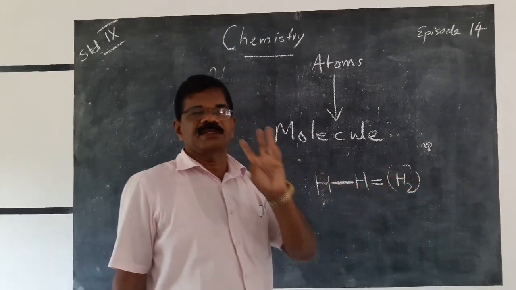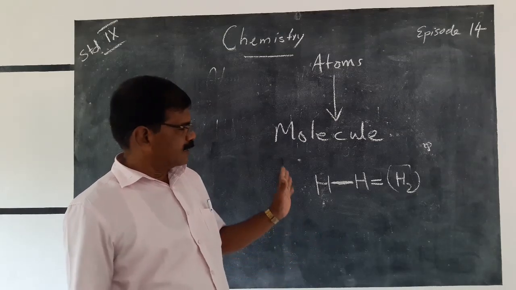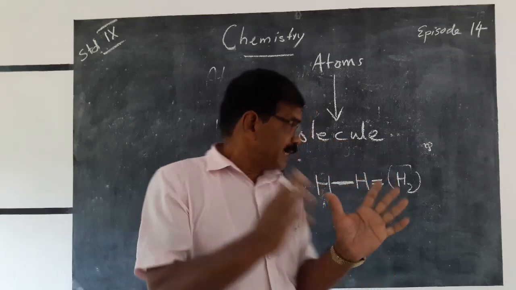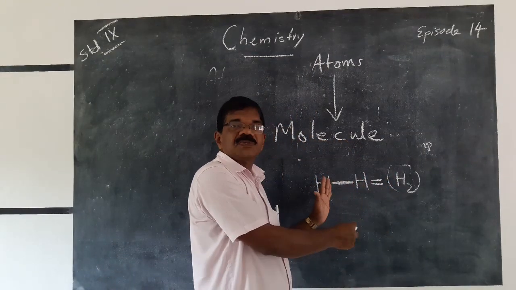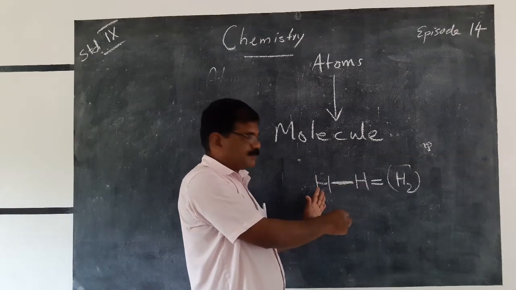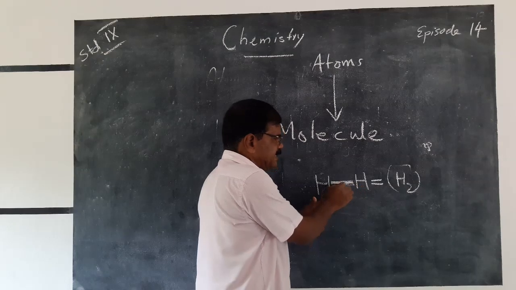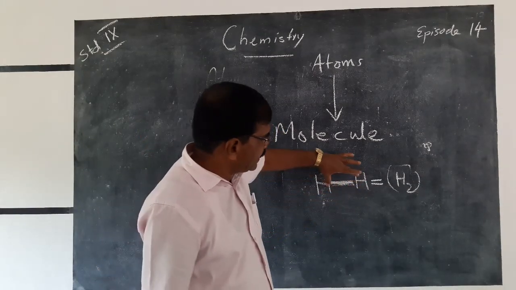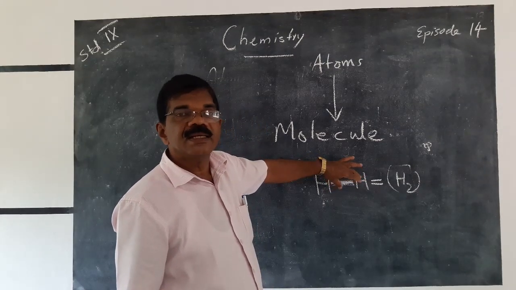We can elaborate the definition again: they are held together by an attractive force. The chemical bond is formed by the attraction between two hydrogen atoms. This force of attraction between two hydrogen atoms is called a chemical bond.